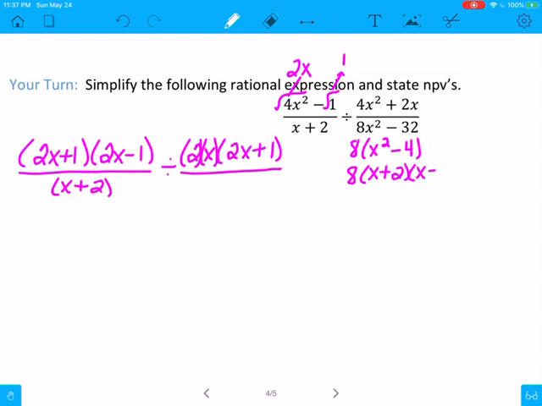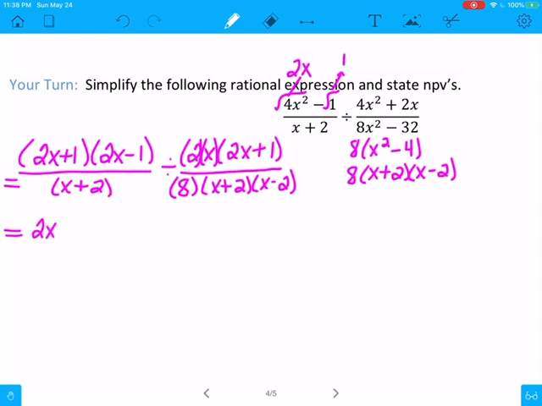So you have to watch and see. Sometimes you take a GCF out and you have a difference of squares waiting for you. So we're going to have 8, x plus 2, x minus 2. Then we can flip it.